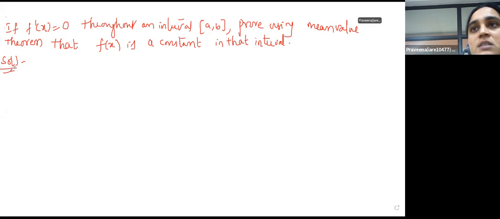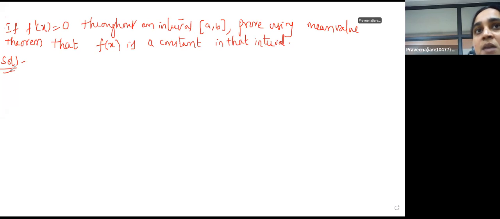If f dash of x is 0, then by using Lagrange's mean value theorem you have to prove f of x is a constant in that interval a comma b. How do we get this? By Lagrange's theorem, what is the formula? f dash of c is equal to f of b minus f of a by b minus a.